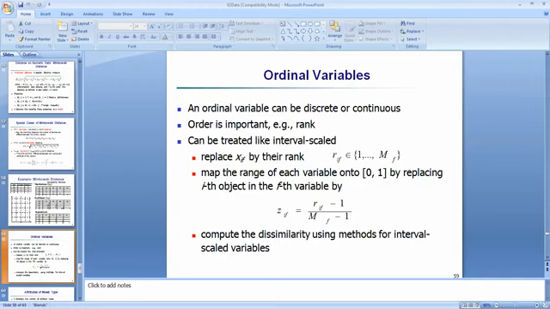For example, you can replace xif by its rank rif, which belongs to 1 to Mf. So the rank may be 1, 2, 3 up to Mf.